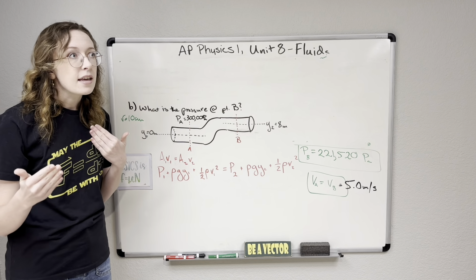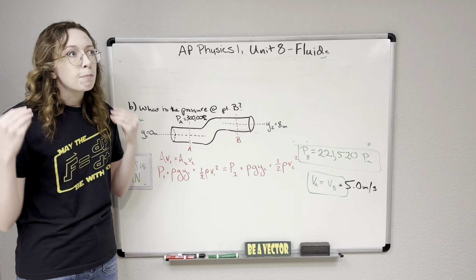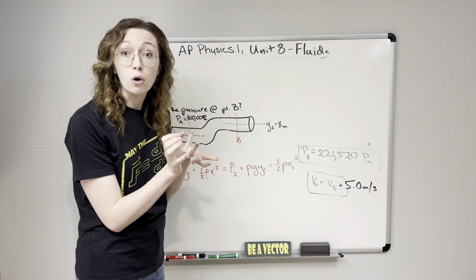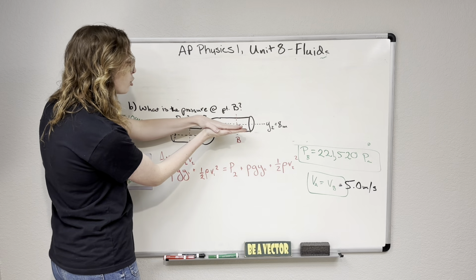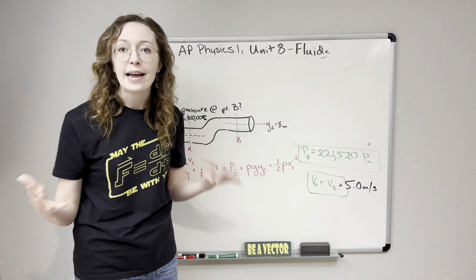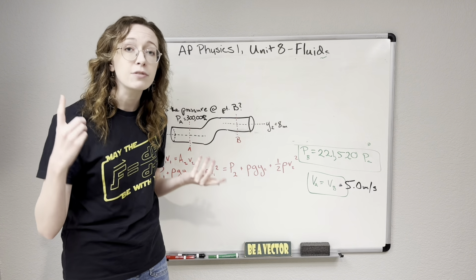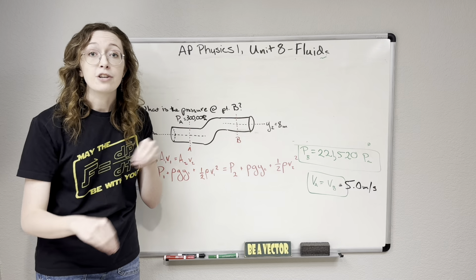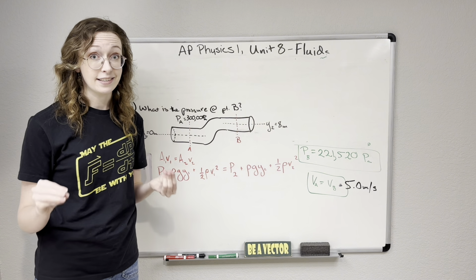A way that you can think of it might be the pressure is sort of like the outside energy that's coming in and pushing our water forward. As we're going to a higher height, well, now our water has more potential energy. That energy had to come from somewhere, and the place that it comes from is the pressure. So higher height, lower pressure if your cross-sectional area stays the same.